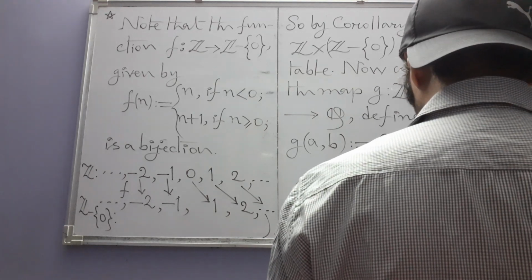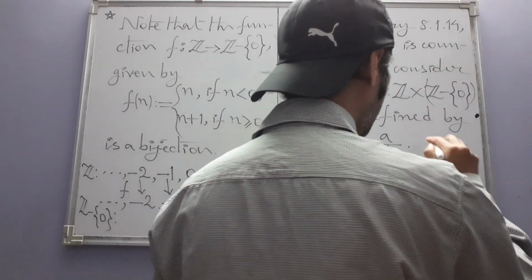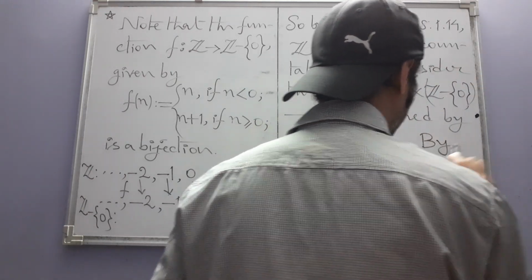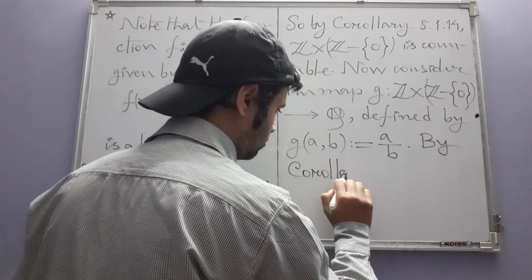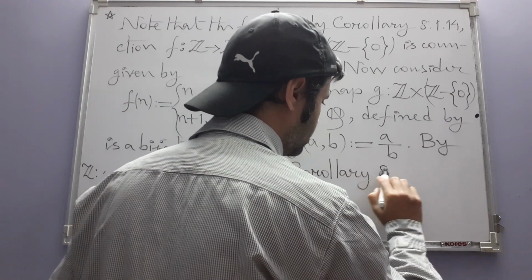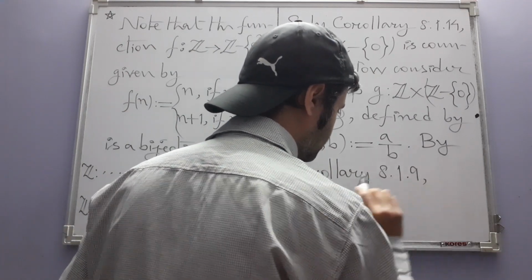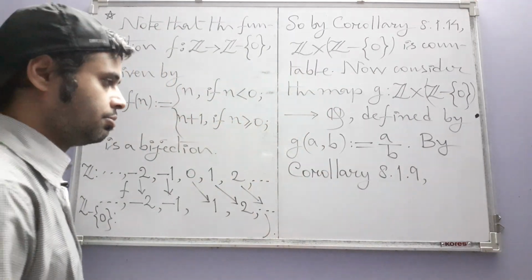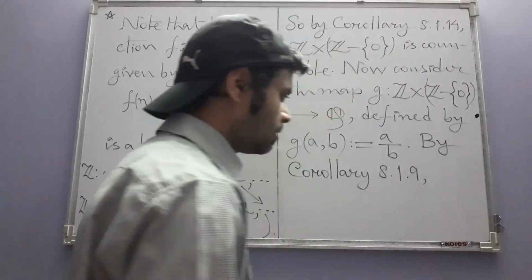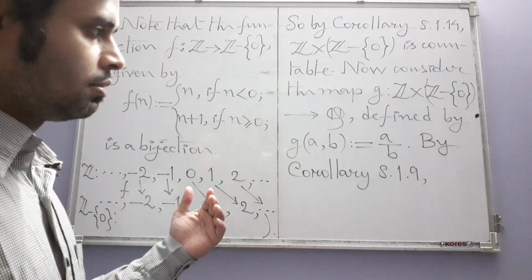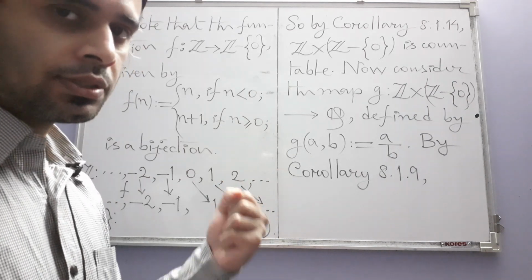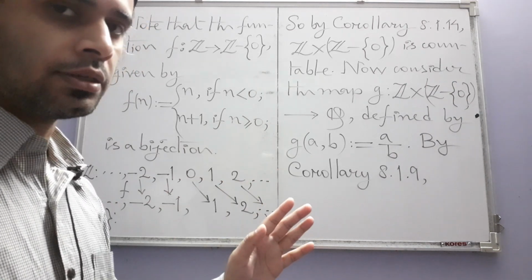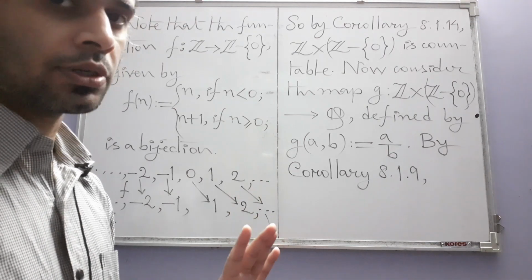So what I'm now going to write next is this: by corollary 8.19. If you go back to this, you will realize it just says that the image of an at most countable set under any function is also at most countable.